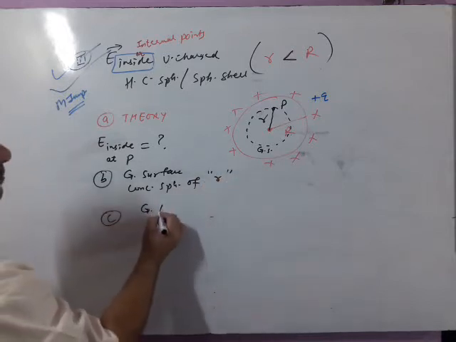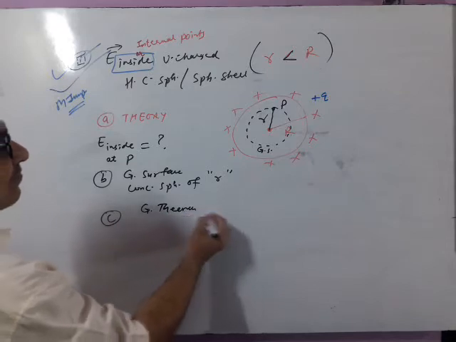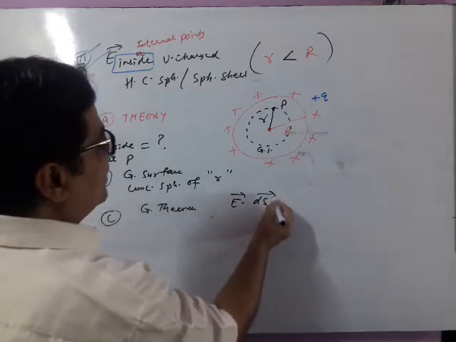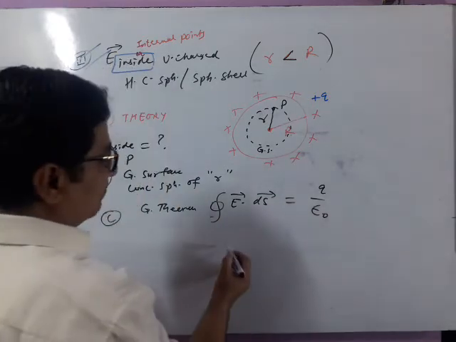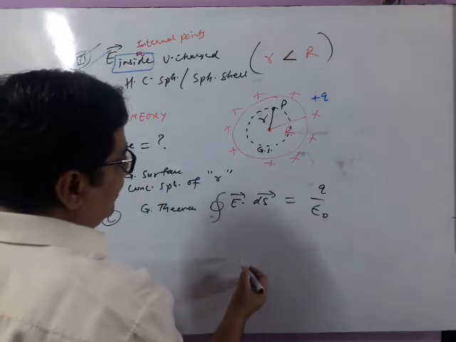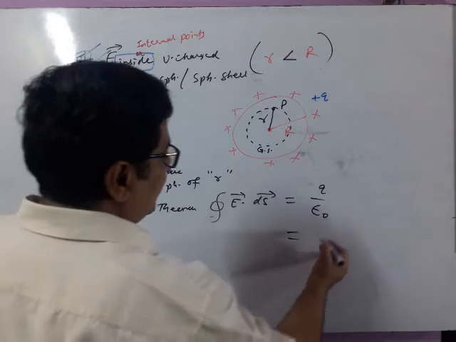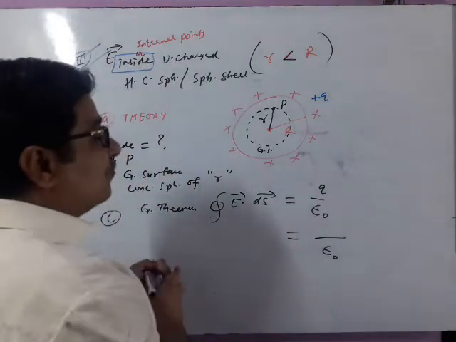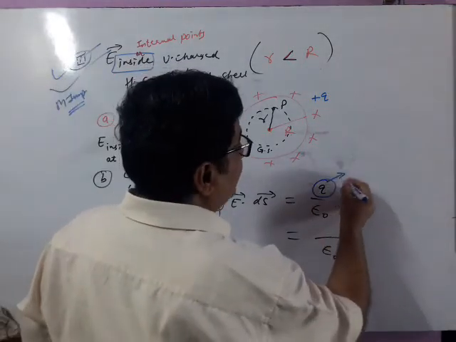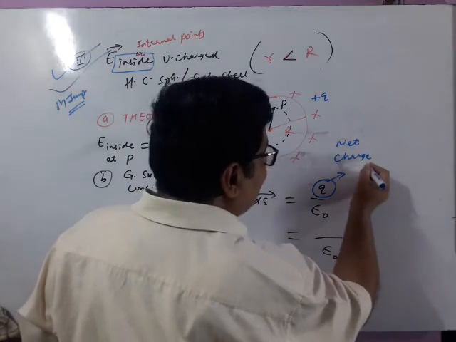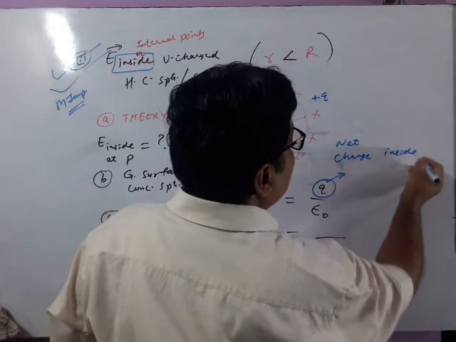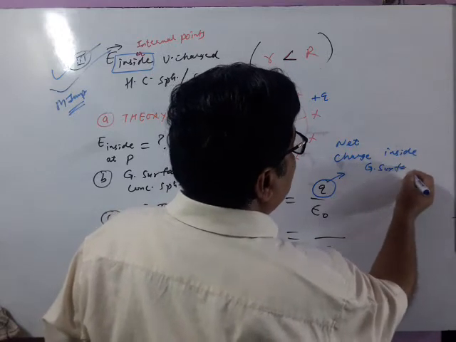Now we will apply Gauss theorem. The integral of E vector dot dS vector equals q by epsilon naught. What is this q? This q is the net charge inside the Gaussian surface. Remember this.